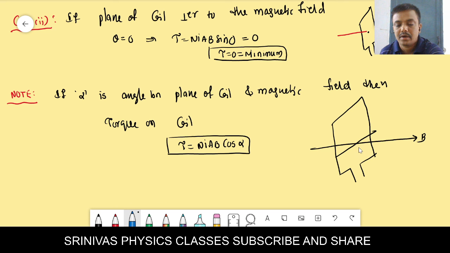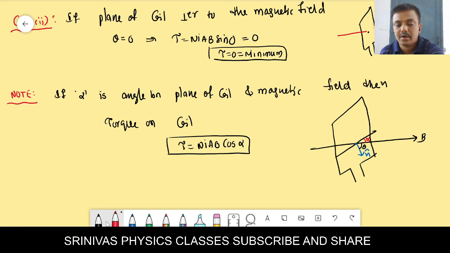The normal to the plane of the coil makes an angle theta with the field. This is the plane of the coil. Now the plane of the coil makes an angle alpha with the field.